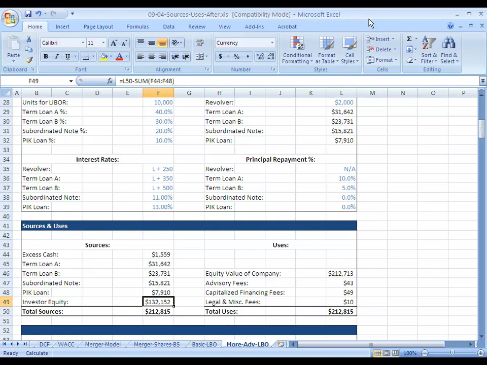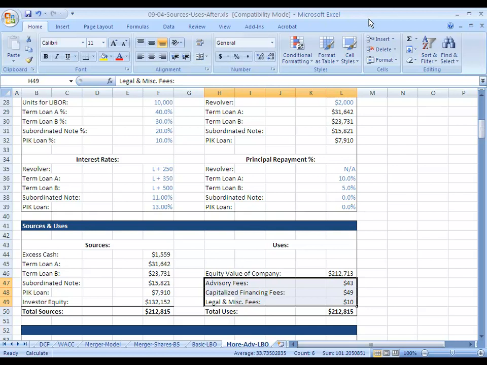Now, one question you may have is, why is it that we're assuming that the investor equity has to be used to pay for these transaction fees? Because that's basically what we're doing here. We're saying that the private equity firm is going to pay for the advisory fees, the financing fees, and the legal and miscellaneous fees.